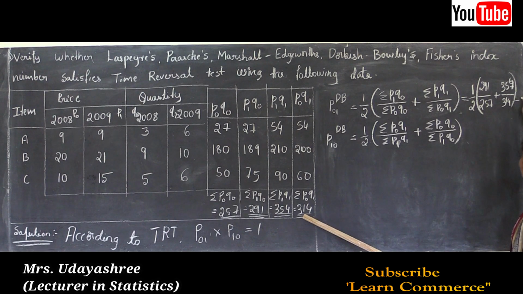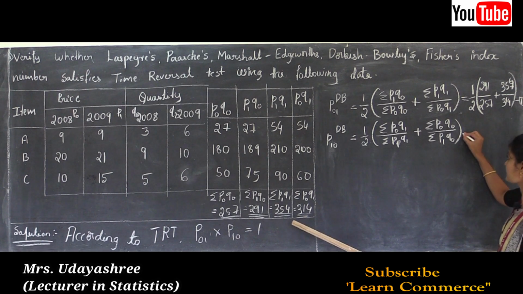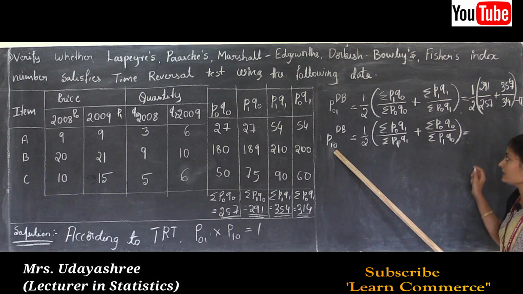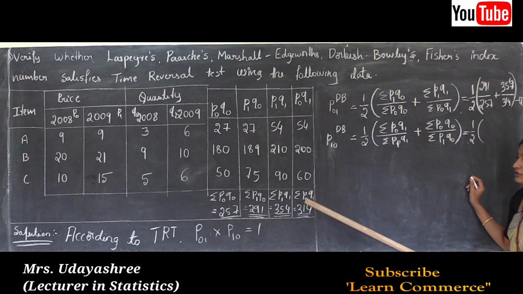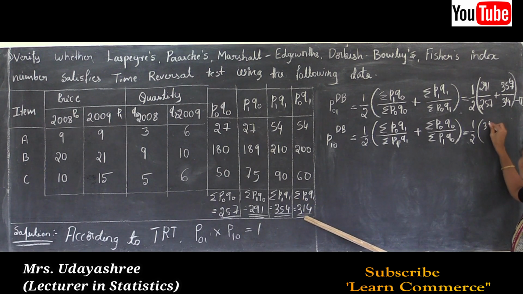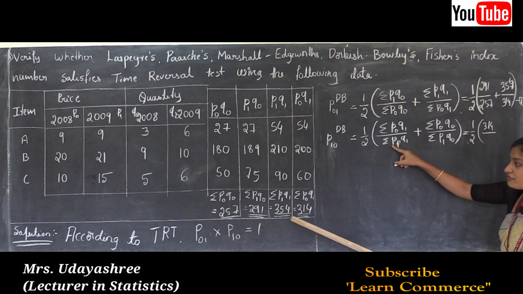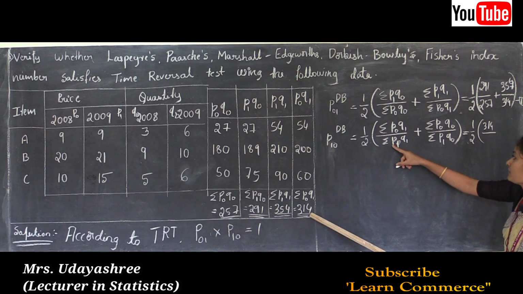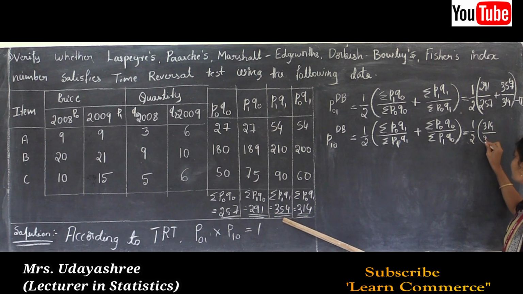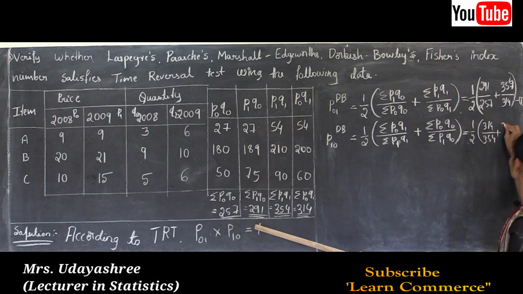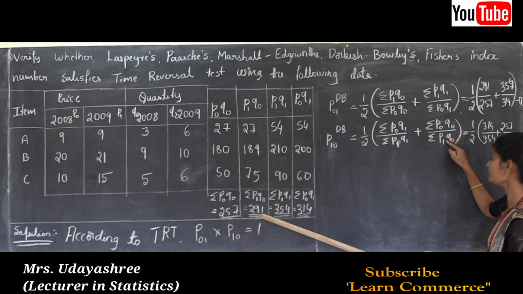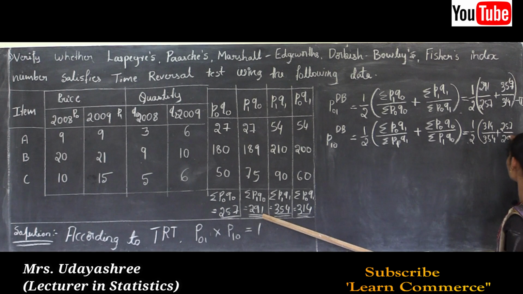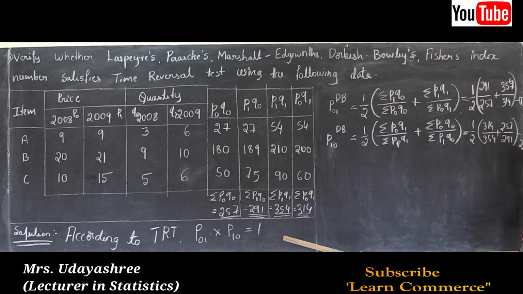This is equation number 1. Next, the time reversal: half into sum of P0 Q1, which is 314, divided by sum of P1 Q1, which is 354, plus sum of P0 Q0, which is 257, divided by sum of P1 Q0, which is 291. This is equation number 2.